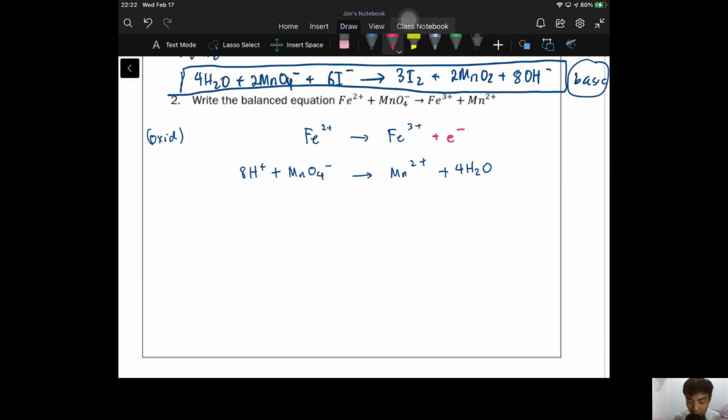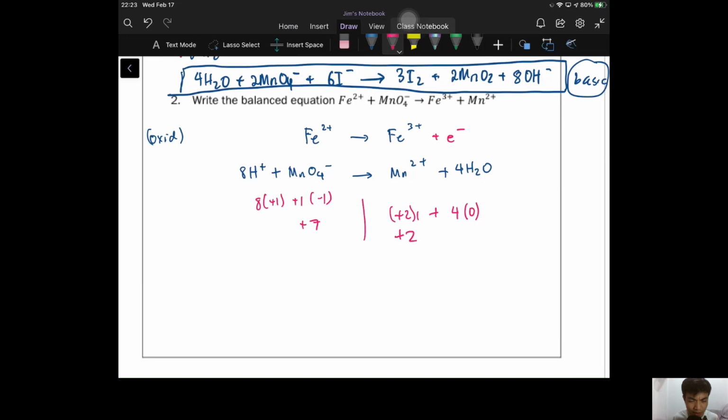Okay? Okay, so ngayon, let's check yung charge, no? So, on the left side, we have 8 times positive 1 plus 1 times negative 1. So, that will be 7 positive. Okay? On the right side, we have positive 2. Isa lang yan, times 1. Plus 4 na water times there's no charge for water. So, positive 2 yung charge ng right side.